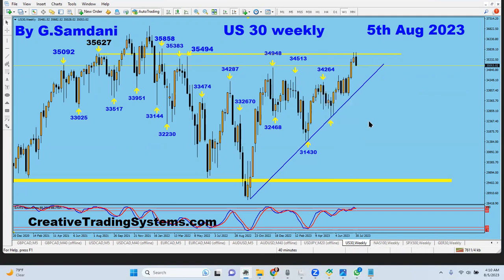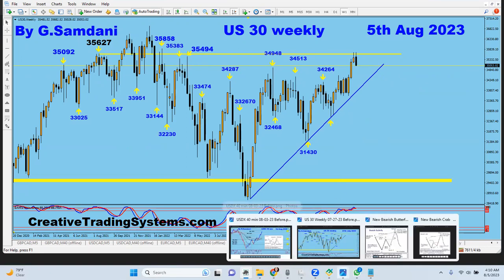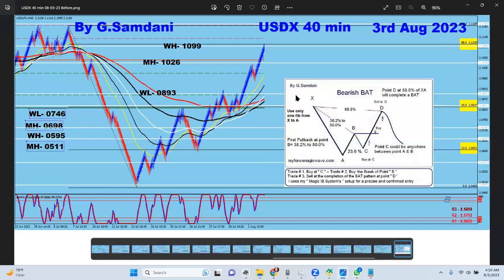And these are the indices. Also, yesterday we had Friday, we had NFP, and before that, I made this chart a couple of days ago, US dollar 40-minute, and you can see here it is also a very bad pattern, right? And I posted the diagram as well, that it's supposed to be 50%, then 23% line, and then 88%.